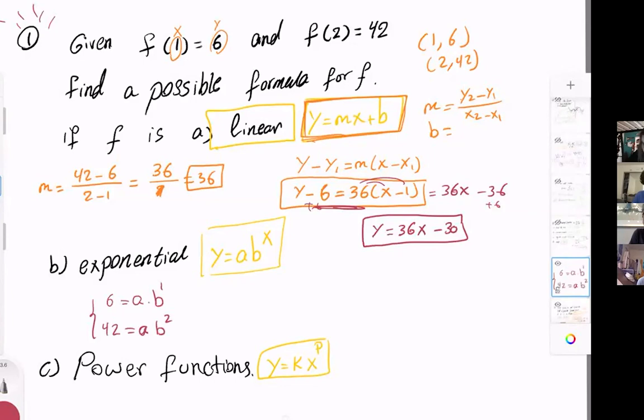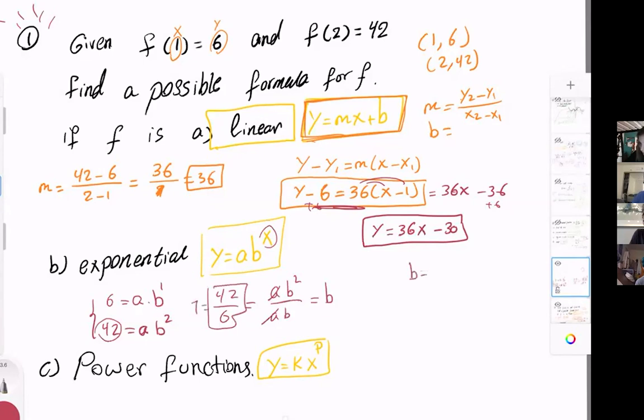I substitute x and y for x and y. One of the techniques is to divide the bigger number by this. So 42 over 6 equal to ab squared over ab. The a will cancel. b squared over b gives me b. 42 over 6 is 7.